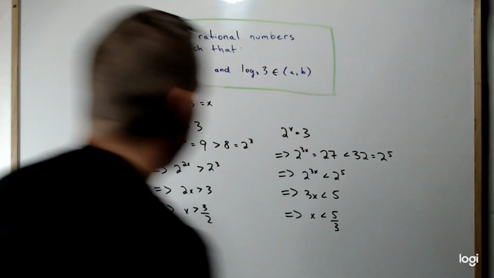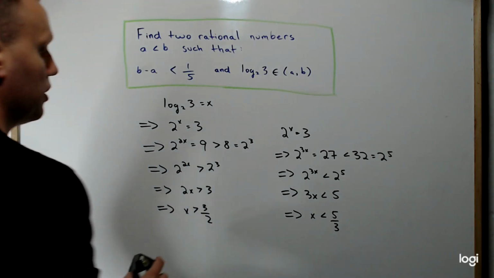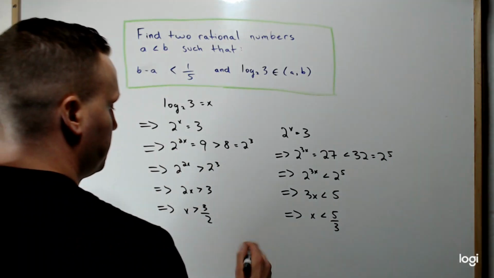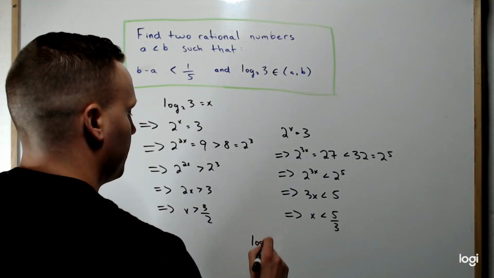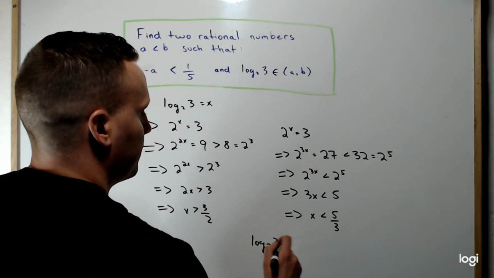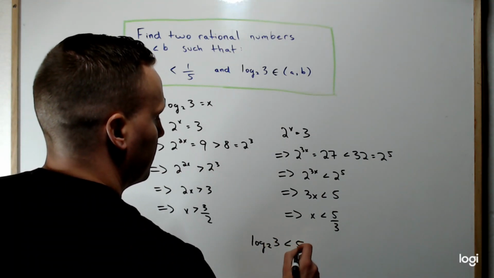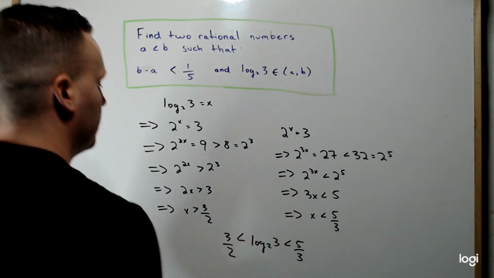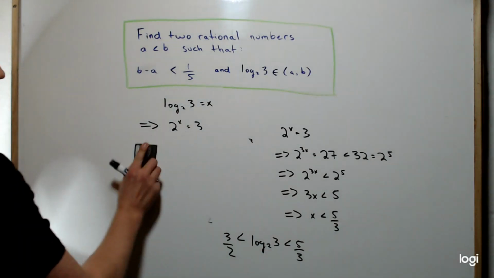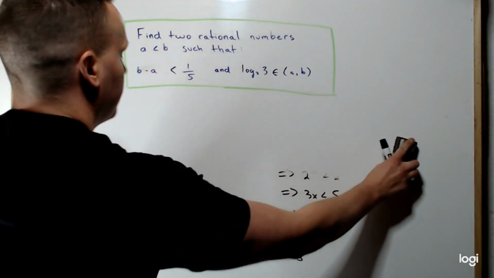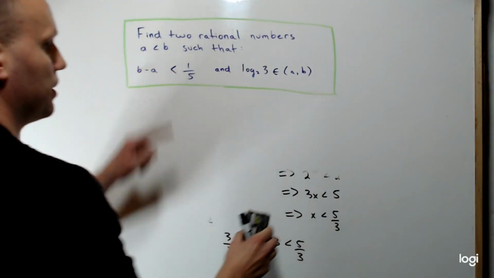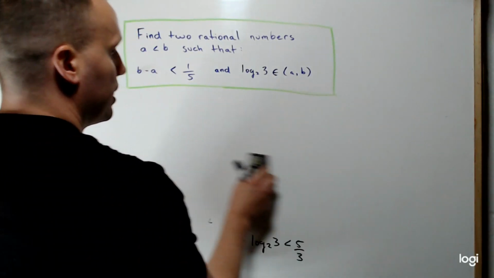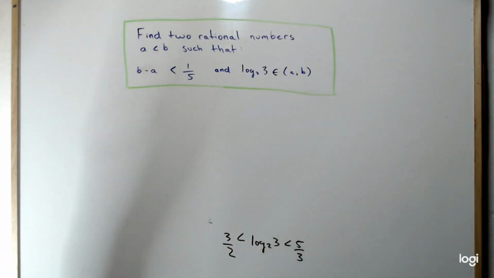So what we've established here is an upper and a lower bound. The log base 2 of 3 is strictly less than 5/3 and strictly greater than 3/2. That gives us the interval that we want, if we have the condition satisfied that b minus a is strictly less than 1/5.